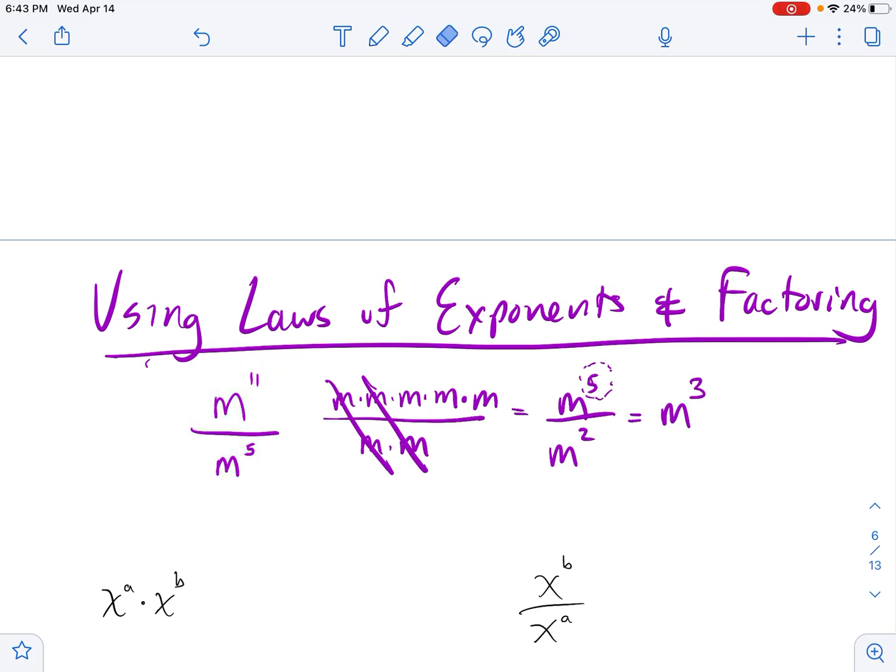So based on that, now that I've given myself an example that I can rely on, let's look at m to the 11th over m to the 5th. And using my knowledge of what I established, that's going to be m to the 6th.